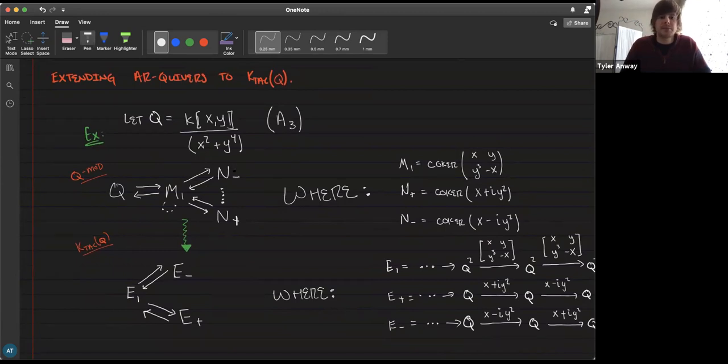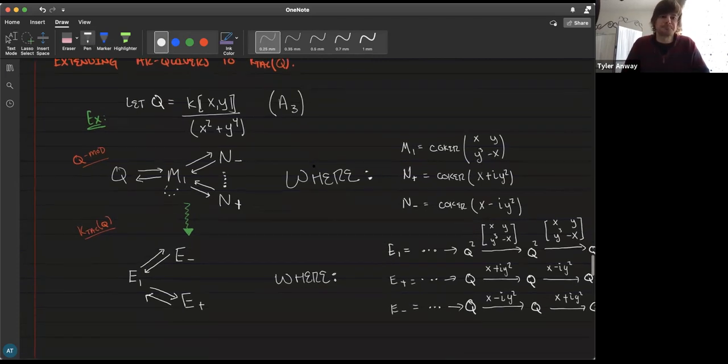And it splits into N minus and N plus, where these are given by the co-kernel of (x plus iy) squared and (x minus iy) squared, opposite respectively. You might notice that these are actually matrix factorizations of the polynomial we're modding out by. That's how these are defined.